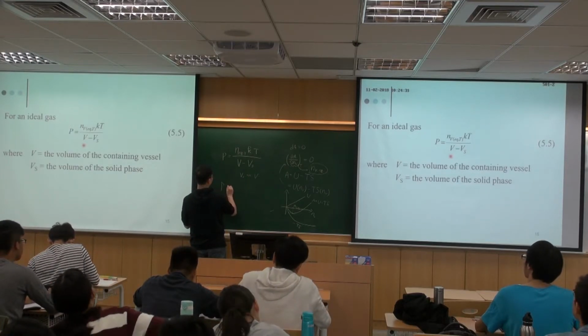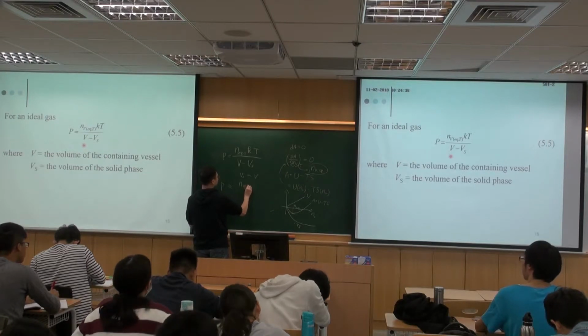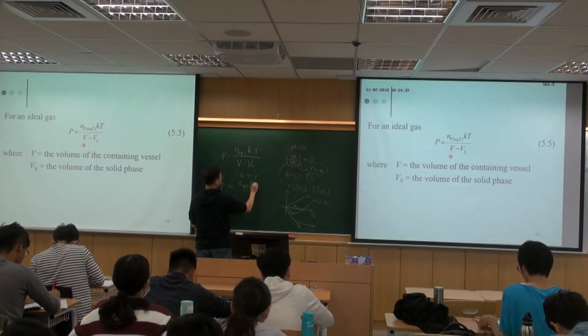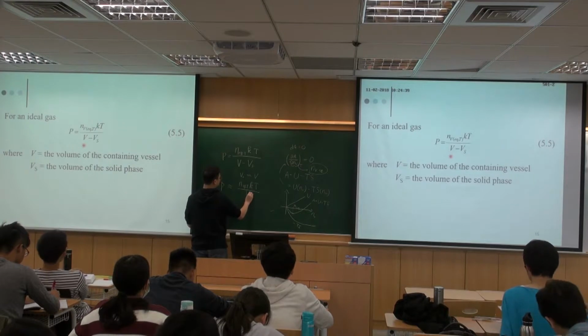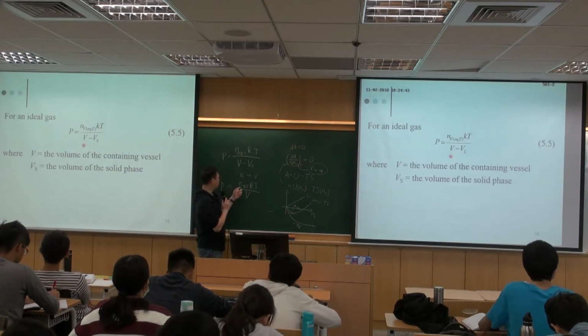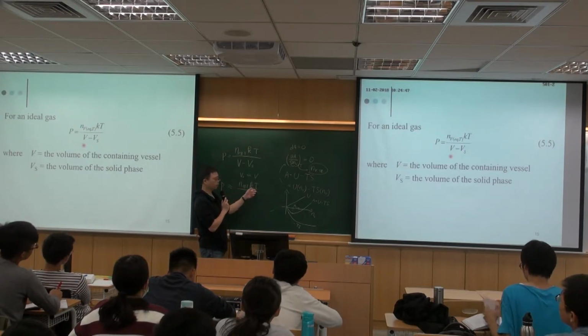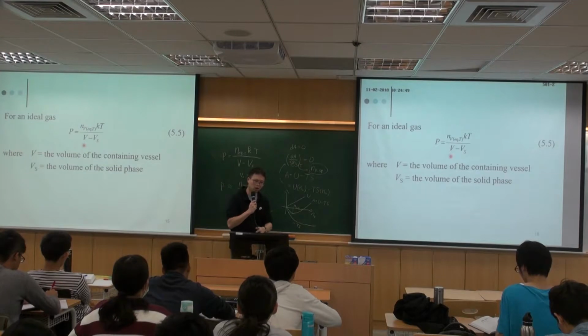So you can say the pressure is closely, let's say, nkT over V, the total volume here. And therefore, this one is related to temperature, and here you also have the temperature dependence.